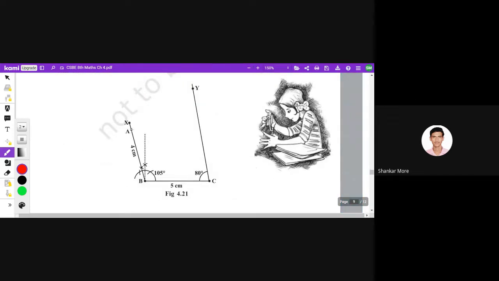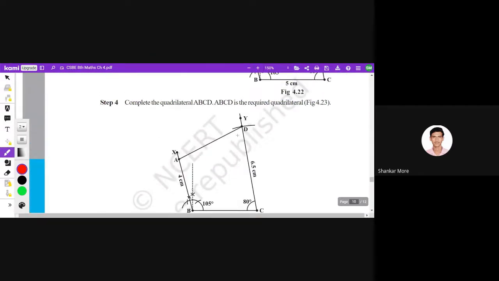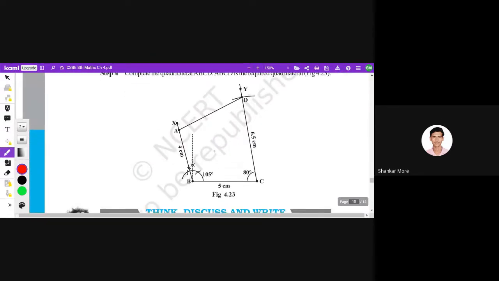और ये जो दो points हैं A और D, हमें connect करना है. So A and D यहाँ पे हमने connect कर लिया. So this is how we are going to get our actual figure. As simple as that. Very simple. Right.